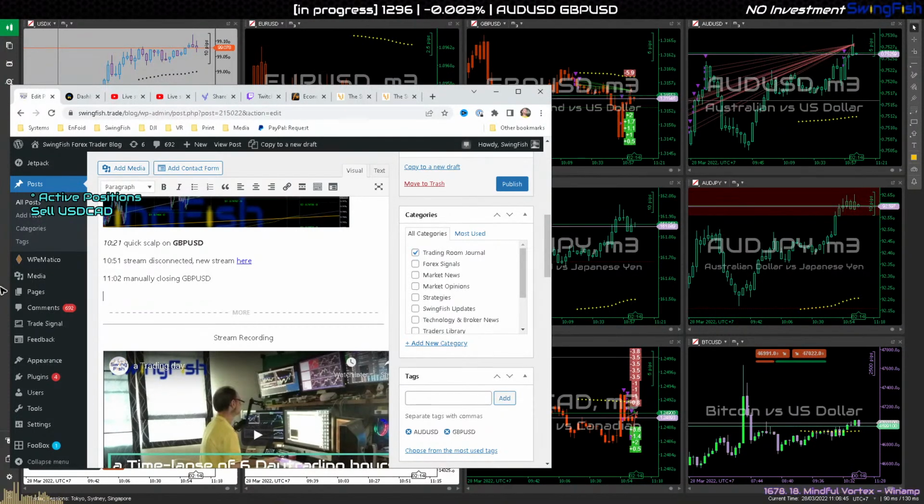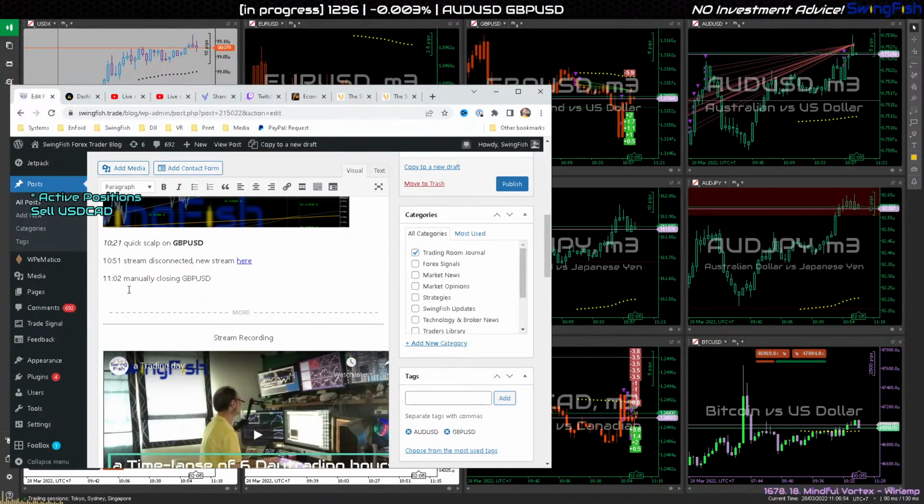If dollar CAD breaks above and cable's still in an alright position, I might re-enter, but I don't think that's gonna happen.